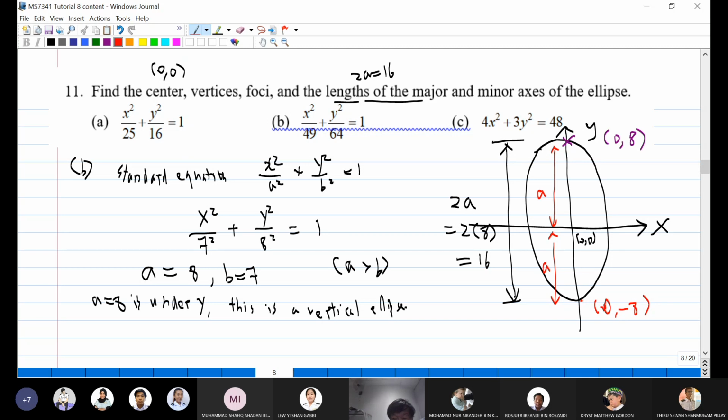The vertices, these 2 points, are the furthest points from the origin, the center. So this is actually 0, 8 here, and 0, minus 8 here. The vertices. Okay, the length of the minor axis here, the distance between these 2 points, is 2b.